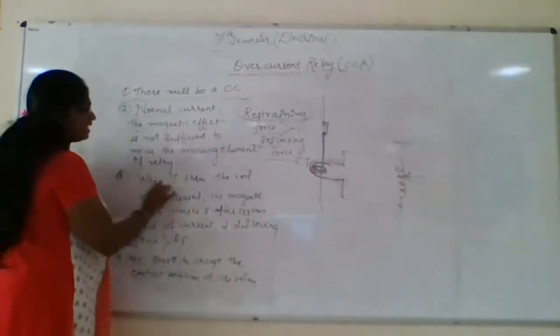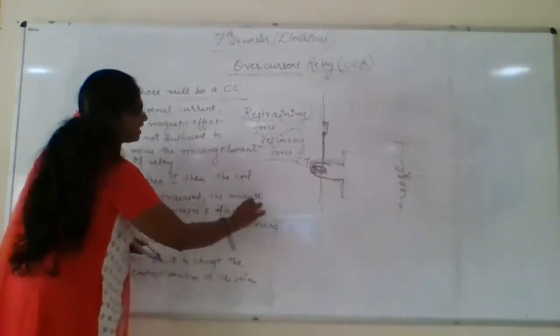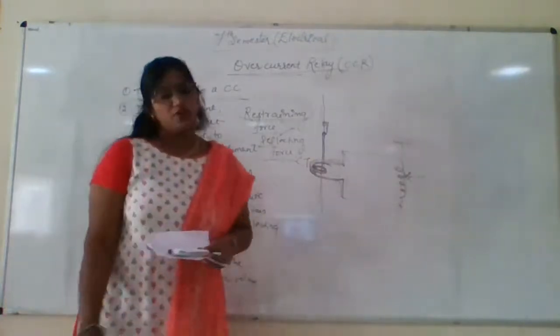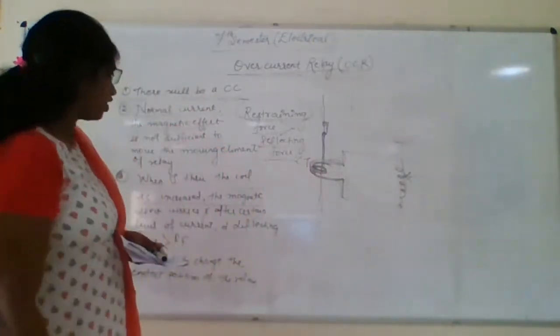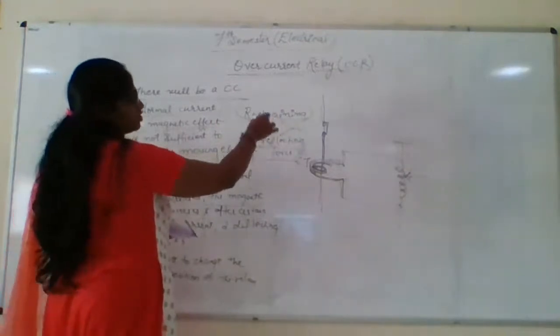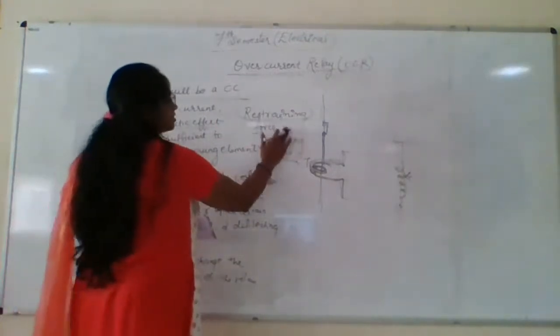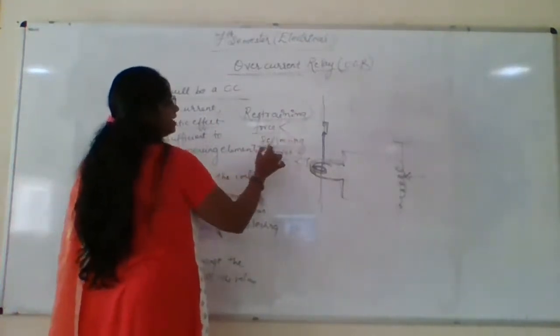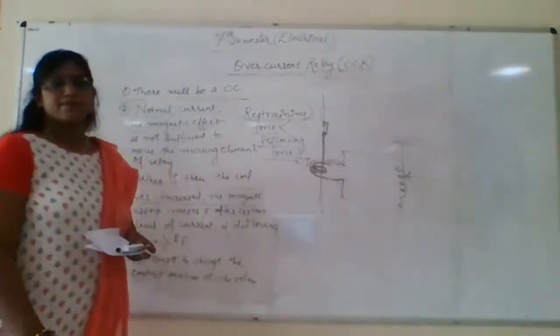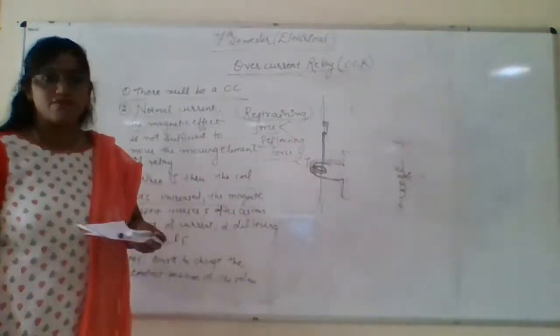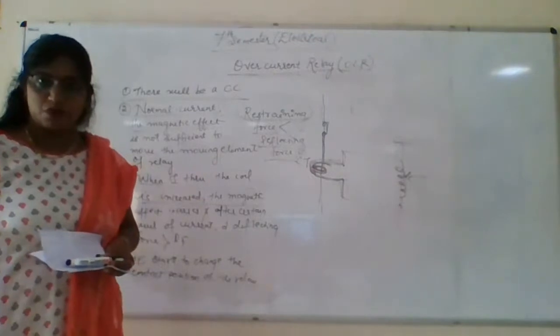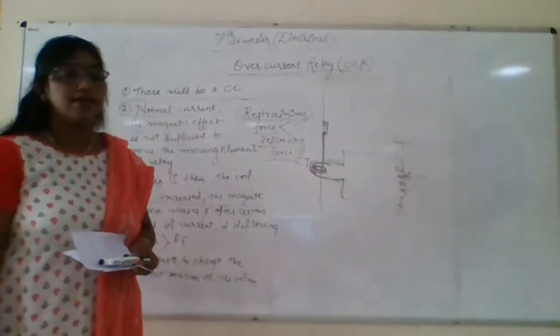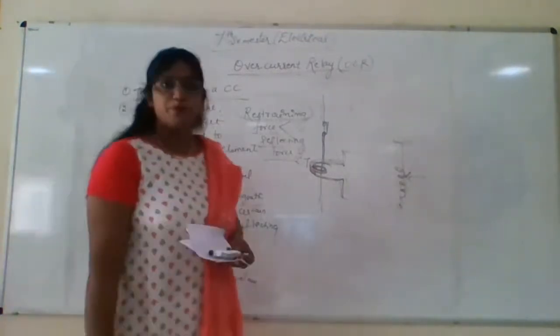Third, when the current through the coil is increased, meaning a fault has taken place, what happens at that time? This changes its position. The restraining force is now lesser than the deflecting force. The deflecting force will take over the restraining force and the relay is subjected to operate.